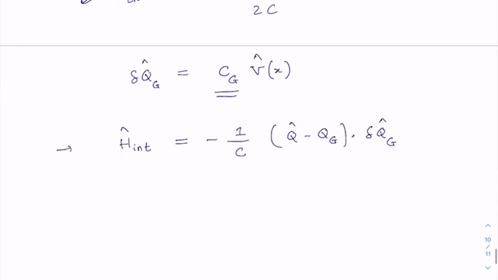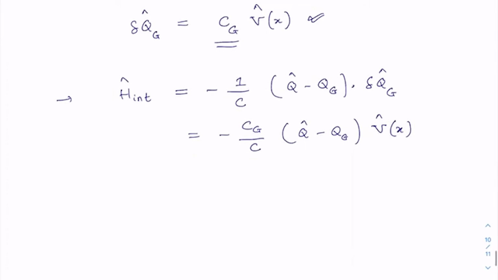And I can then use this expression, then I will have minus cz by c, q minus qz into the voltage. That's how I can couple my Cooper pair box with the voltage.